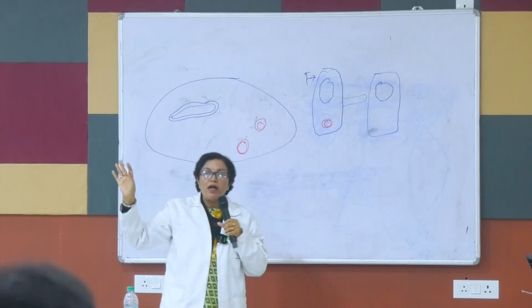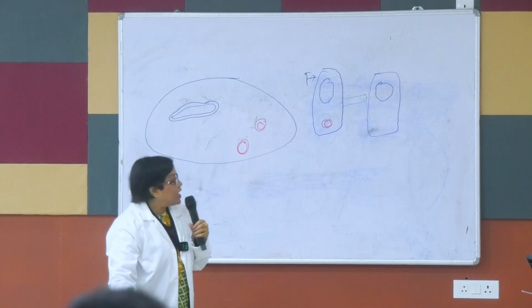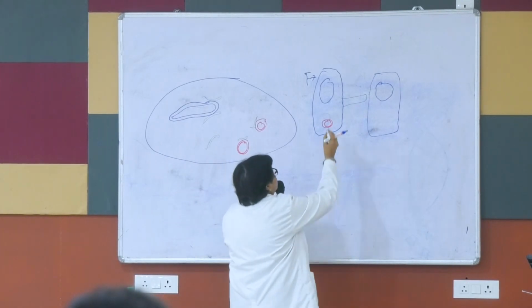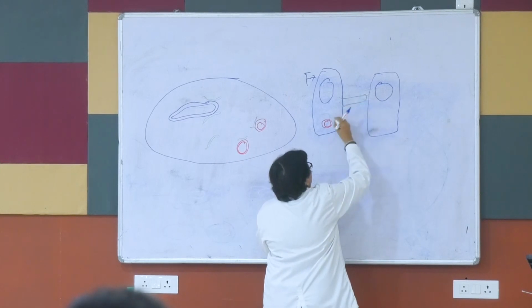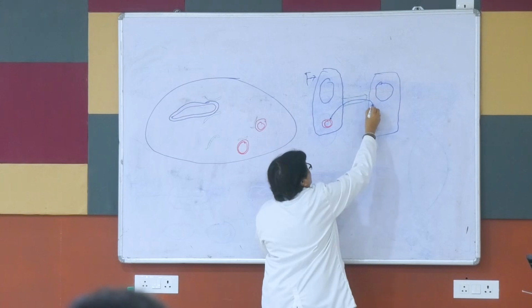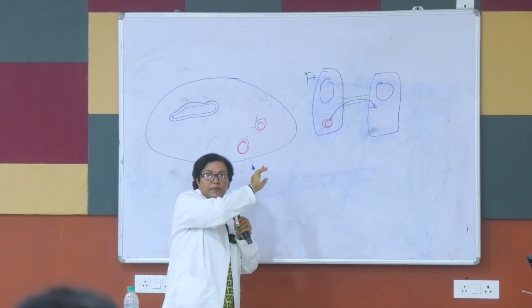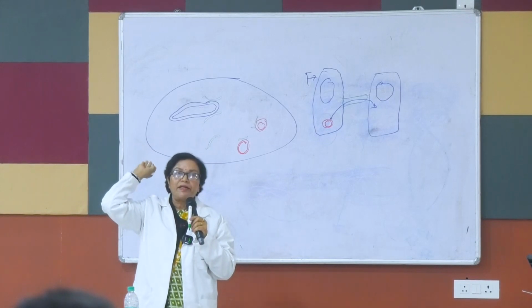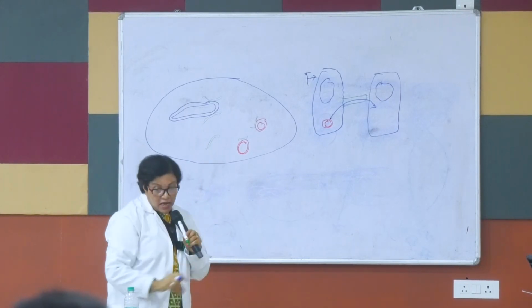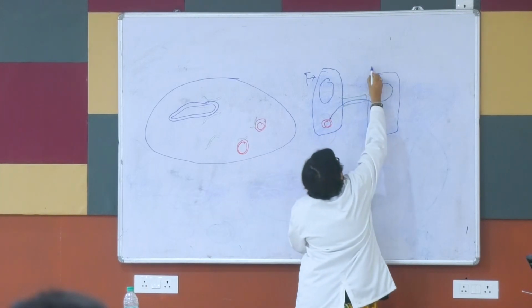Pilus means fimbria, but a special type of fimbria is called sex pilus. They can transfer this plasmid to another bacteria. So who has this plasmid is F plus, fertility factor, and who has not this pilus is called F minus.